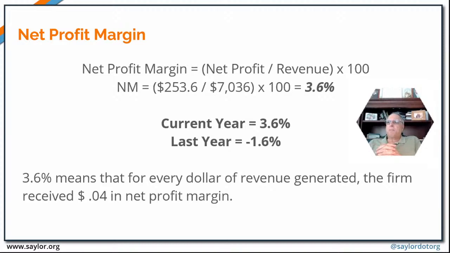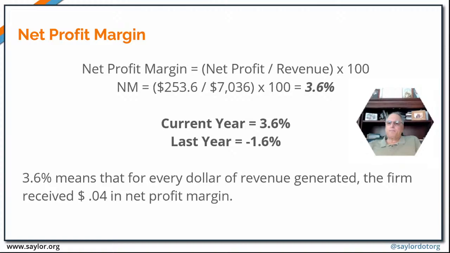That sounds like a small amount, but if you're talking about millions or tens or hundreds of millions of dollars, that can be substantial. But again, is that sufficient for the firm, for our investors, and for our shareholders?